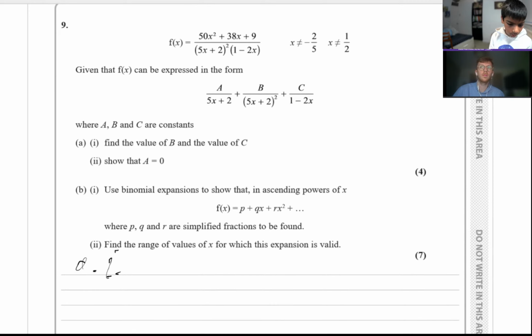Let's make the denominators the same. Right. So let's multiply the a divided by 5x plus 2 term by (5x plus 2) times (1 minus 2x). Good.